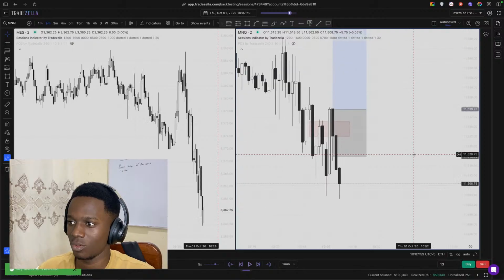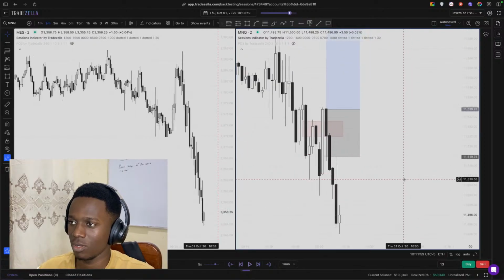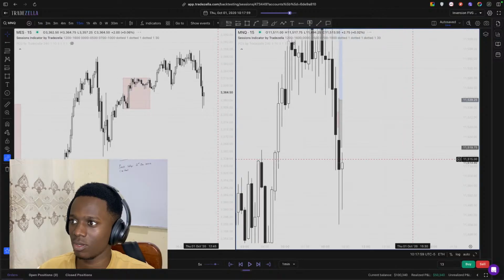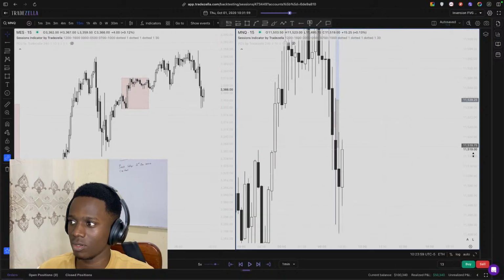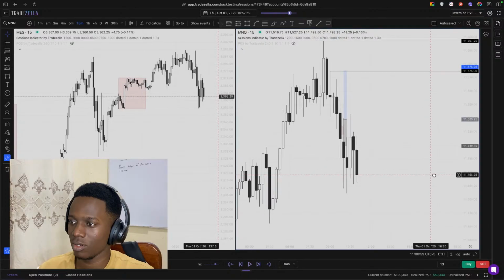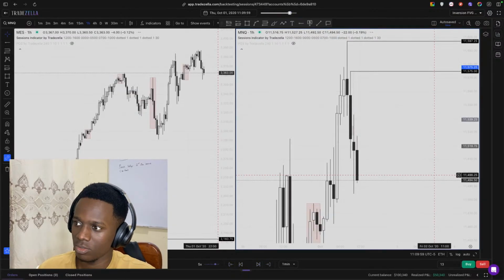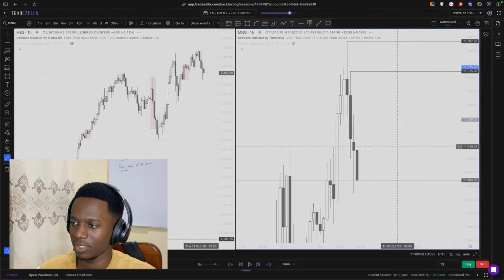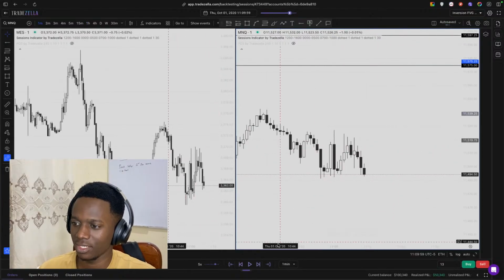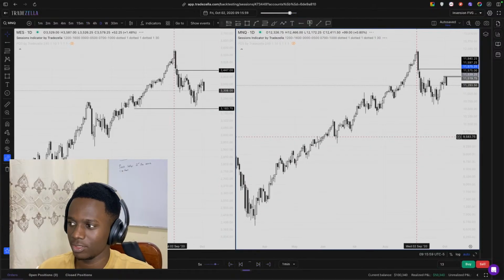Wow. The 1 hour close, quite bearish and embracing the gap. So I can't figure this out. Let's go to the next day.